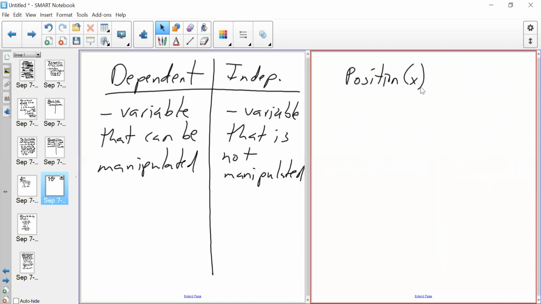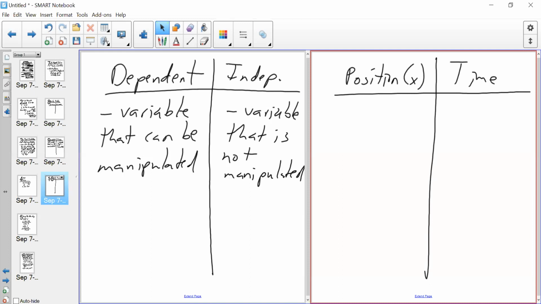Again, I'll stretch that out when we go into definitions of position, displacement, and all that stuff when we get there. But this is just for example purposes. The position will be our dependent variable. Time will be the independent variable. And time is always going to be independent. That's going to be the variable that we choose not to control. It's just going to be there. It's something that we measure. But we're not doing anything to time.